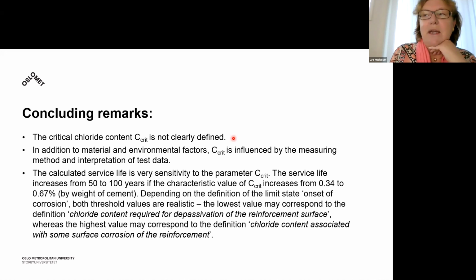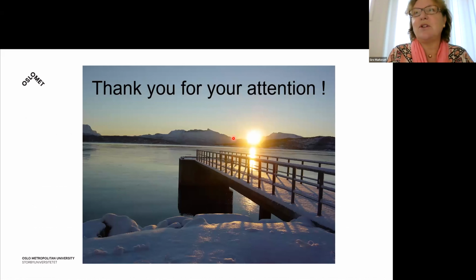The lowest value may correspond to the definition of chloride content required for depassivation of the reinforcement surface, whereas the highest value may correspond to the chloride content associated with some surface corrosion of the reinforcement. So that's some of what I want to tell about the results from existing structures and the implication of the value of the Ccrit in service life calculations. So thank you for your attention.